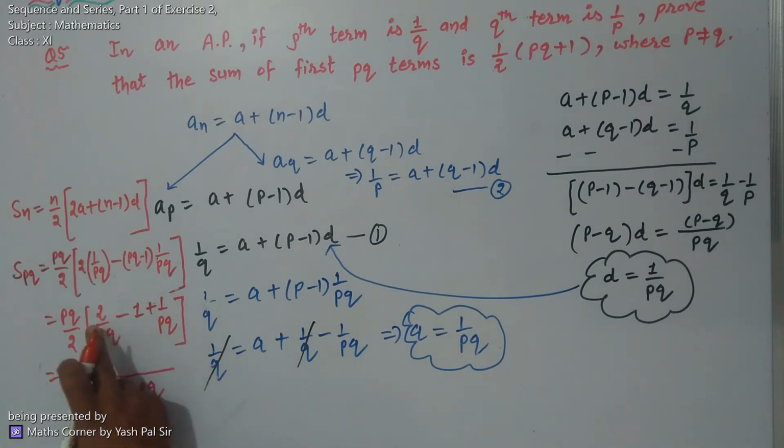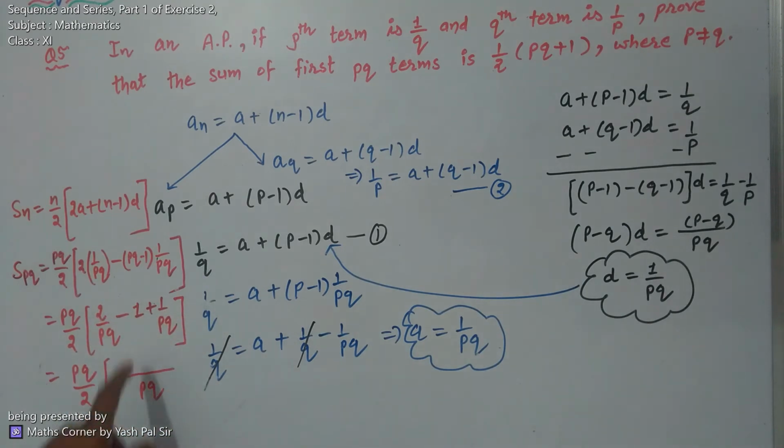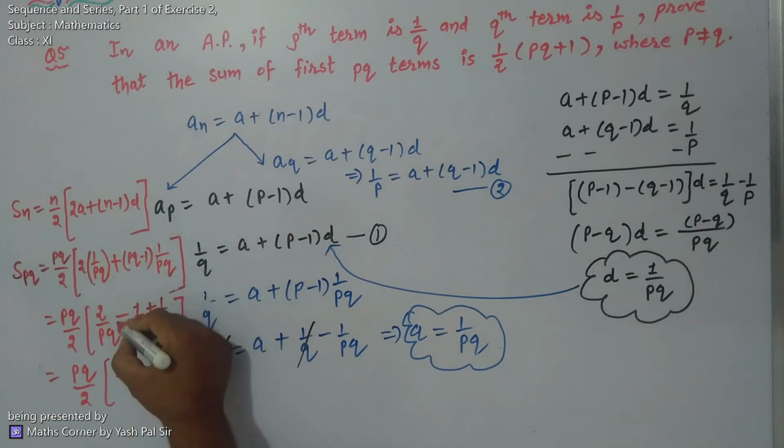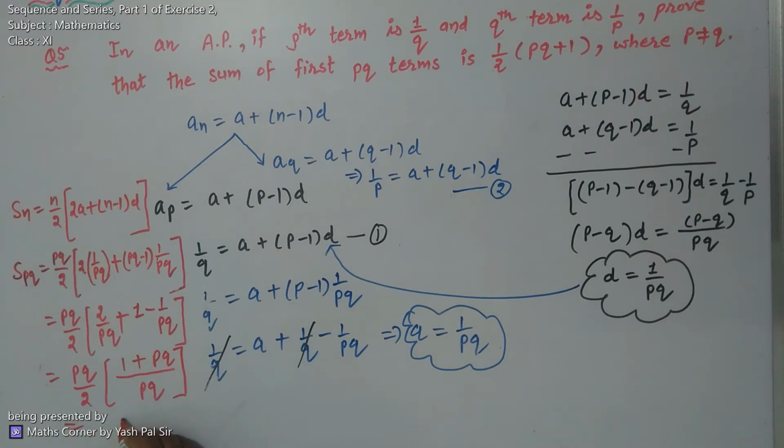This becomes 2 minus 2, this is minus 1, this is plus 1, plus 1 minus pq. So this becomes 2 minus 1 is 1 plus pq. pq is cancelled, so we can write this as 1 upon 2 into pq plus 1.